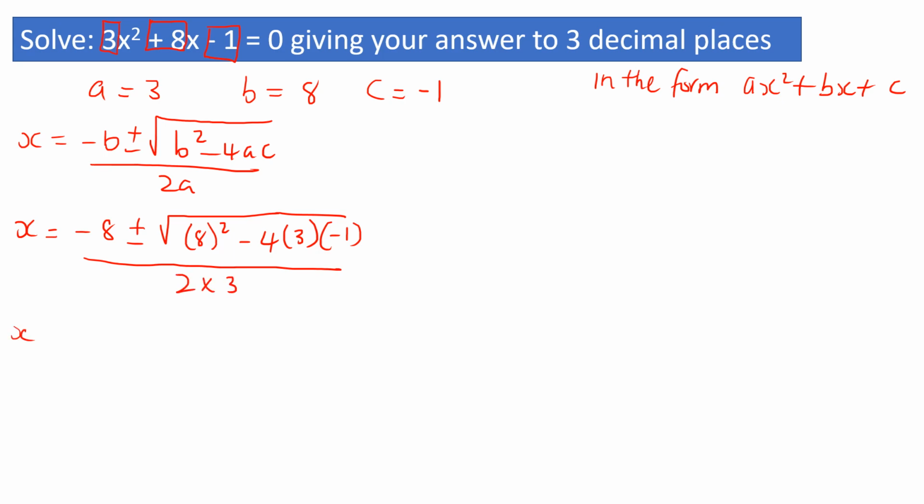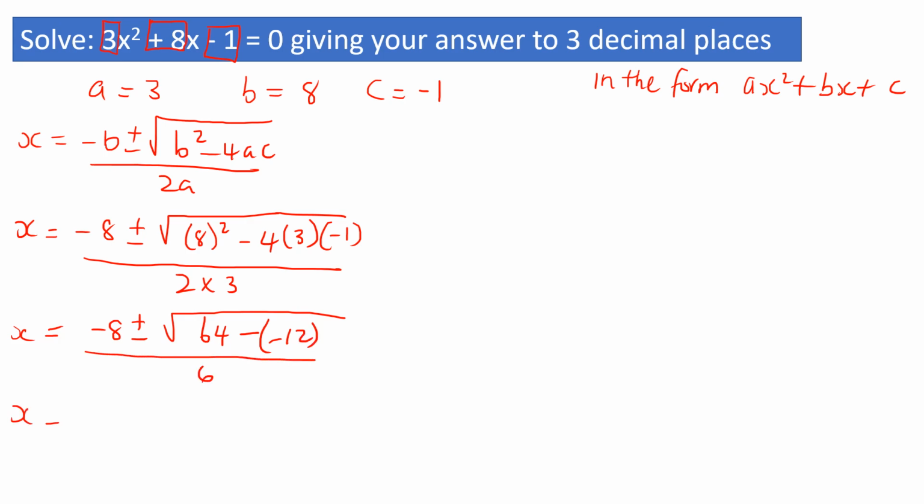So x equals negative 8 plus or minus the square root of 8 squared is 64 minus 4 threes are 12, and 12 by negative 1 gives me negative 12, all over 6.